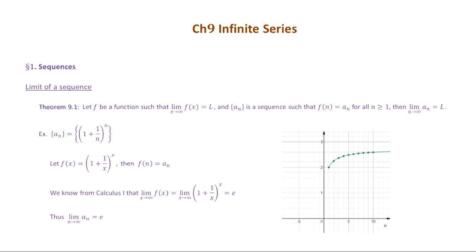It's an irrational number. So then the sequence must have the same limit as the function. So the limit of the sequence is also e. So you can see this curve will approach a value of 2.71828.